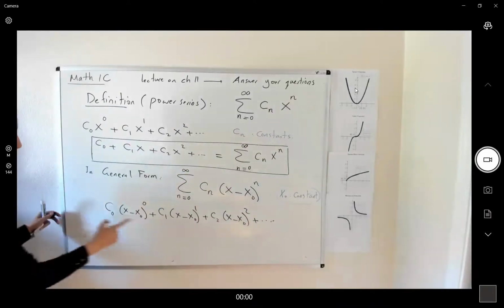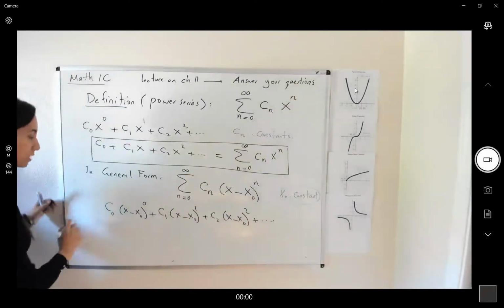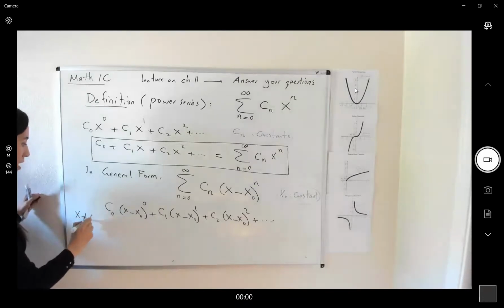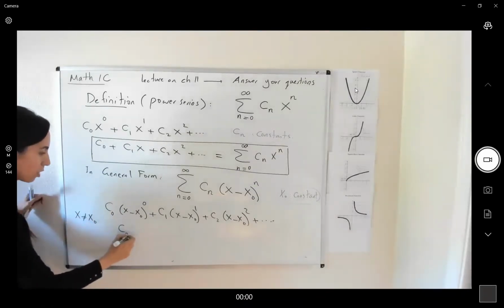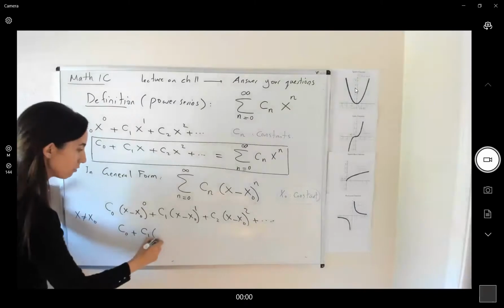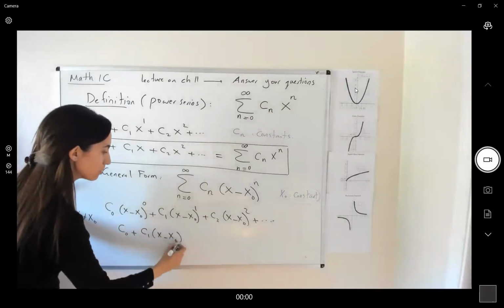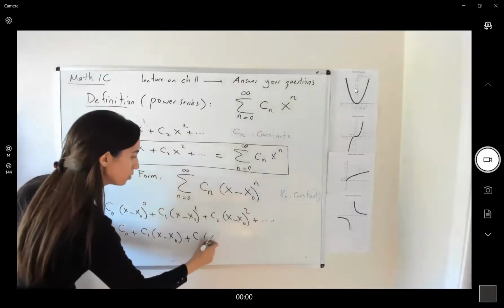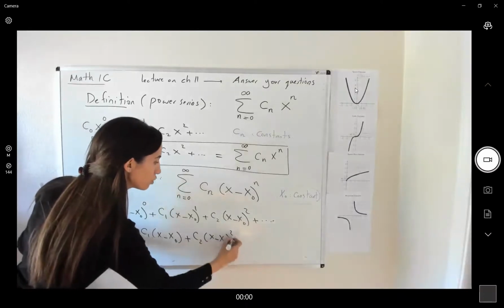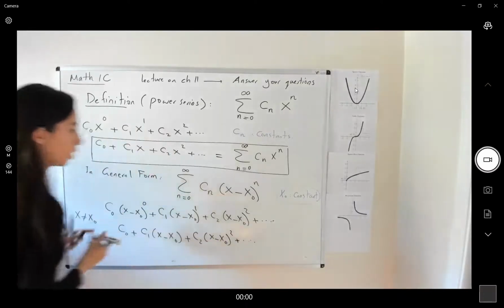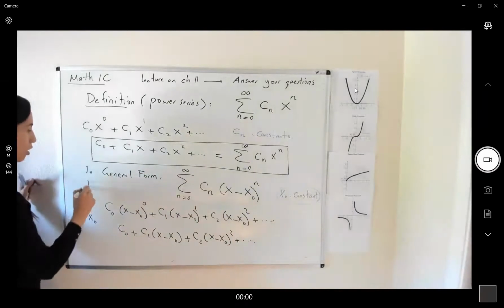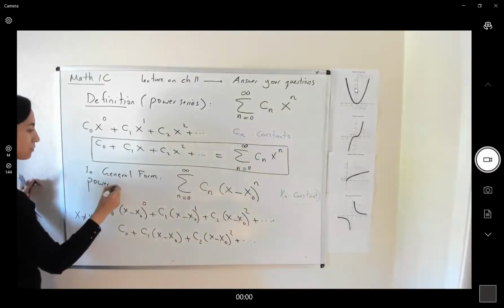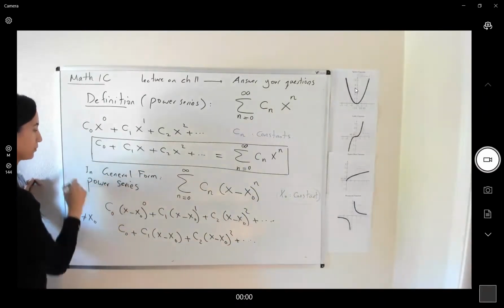With the condition that x is not equal to x sub 0, you get C sub 0 plus C sub 1 (x minus x sub 0) plus C sub 2 (x minus x sub 0) to the second power, and so on. This is the general form of a power series.